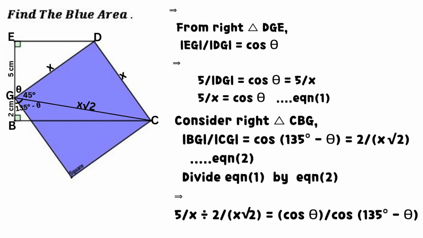Divide equation 1 by equation 2. It signifies that 5 over x divided by 2 over x times the square root of 2 equals cos theta divided by cos of 135 degrees minus theta.